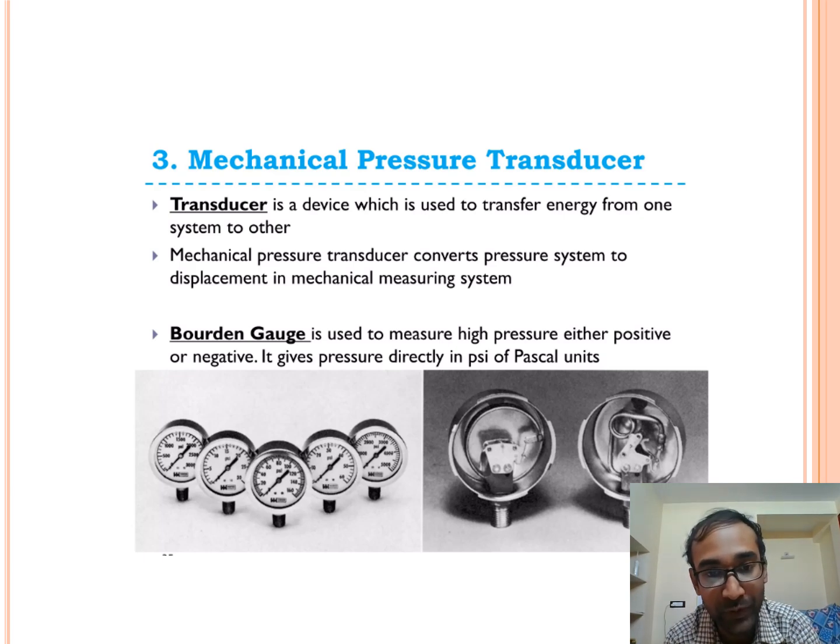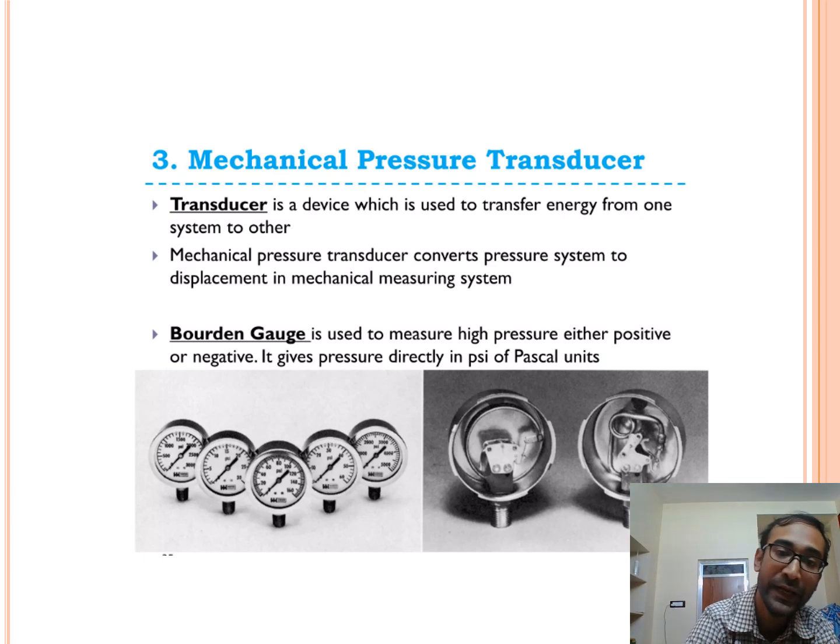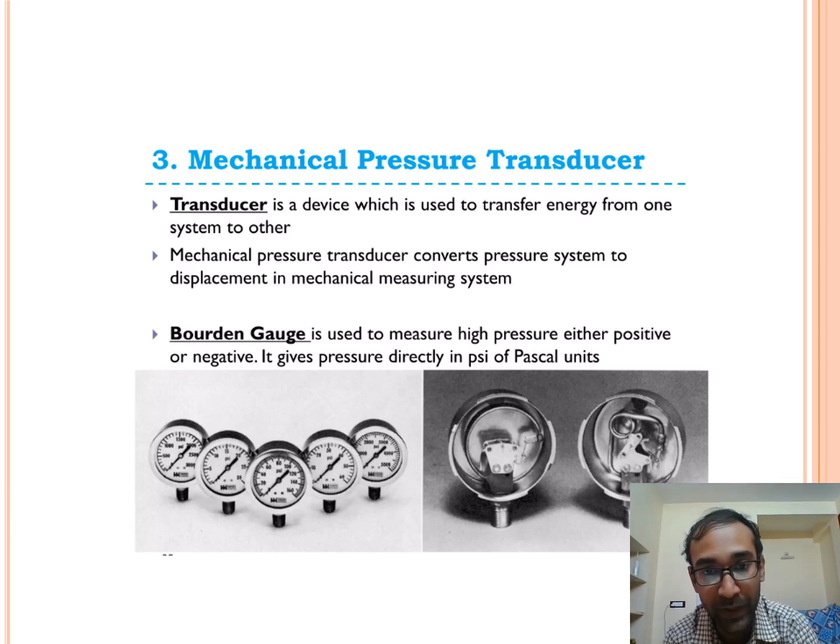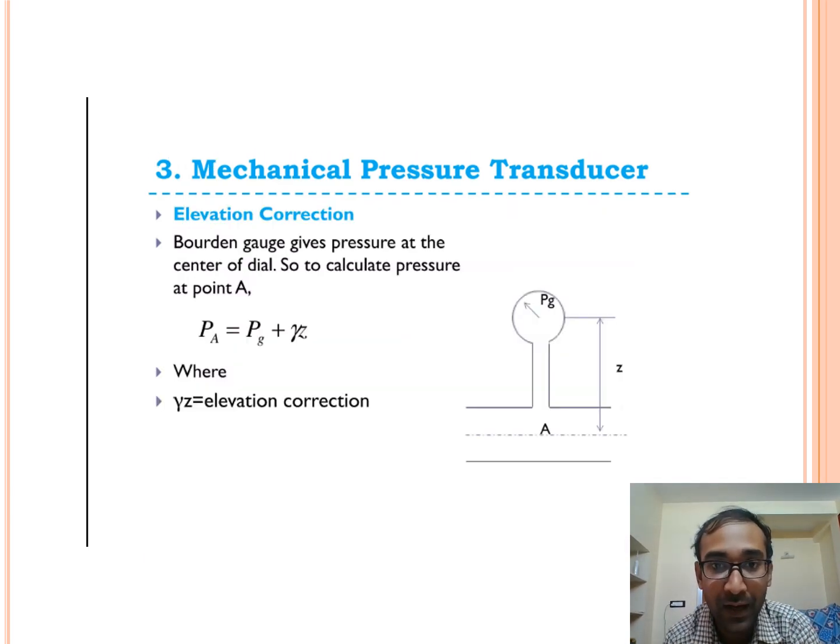This is the Bourdon gauge. The pressure is shown on the pressure dial, and generally we use this Bourdon gauge everywhere nowadays. This is the elevation correction for PA, where PG and gamma Z are the elevation correction; for different elevations there will be different pressures.